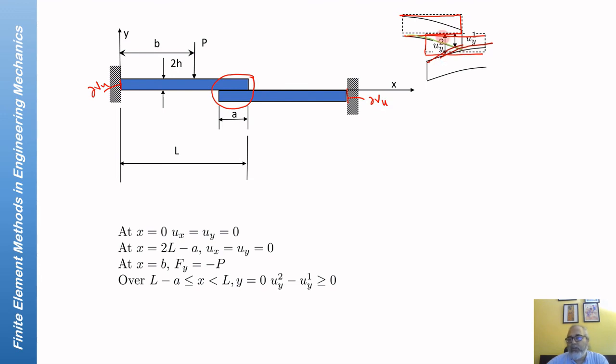So the condition that they remain in contact would be that uy2 has always got to be higher than uy1 over this entire region, from here to here. So for this region, we must have an inequality constraint on the displacements, that uy2 is always greater than uy1.